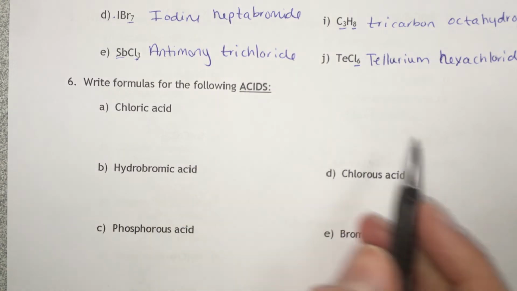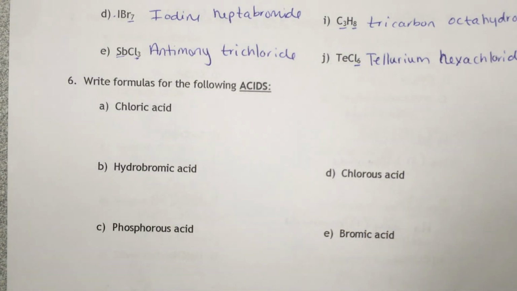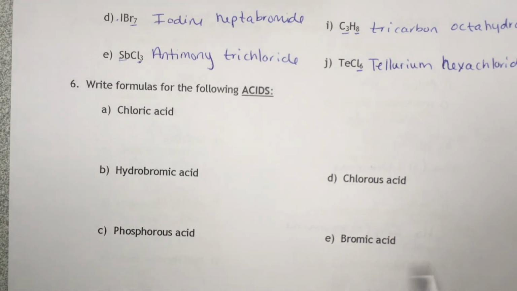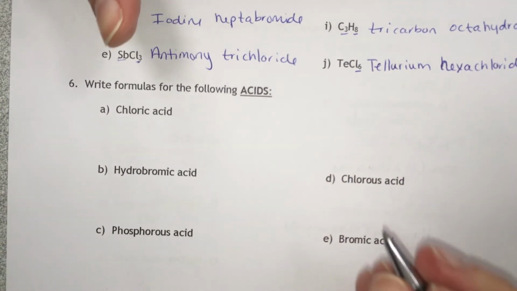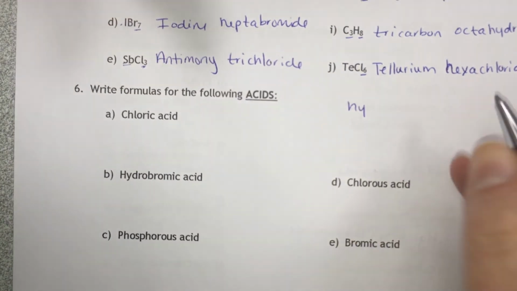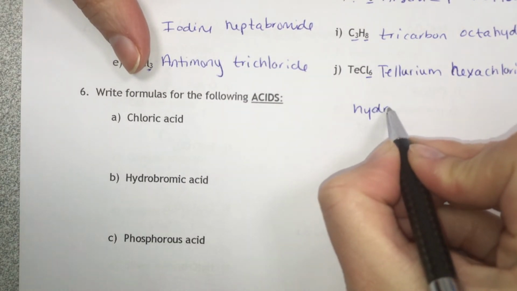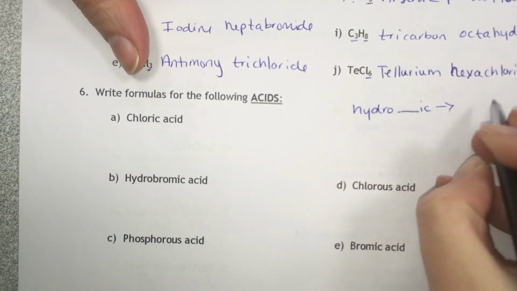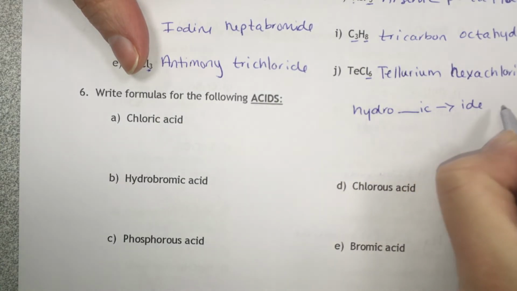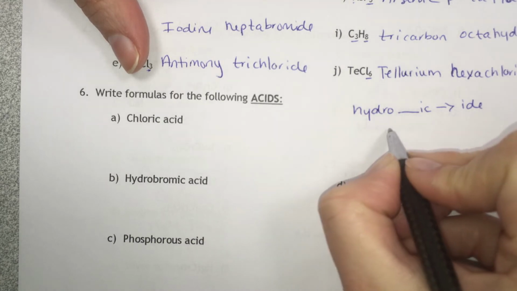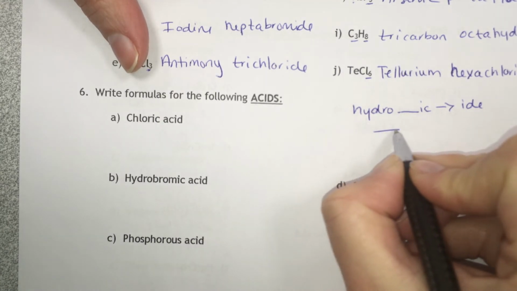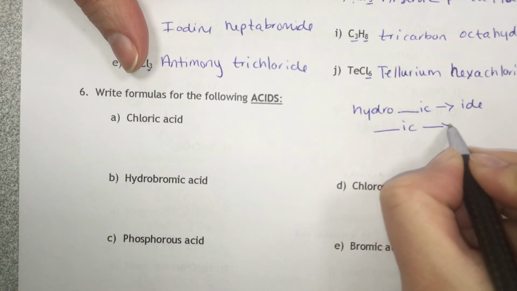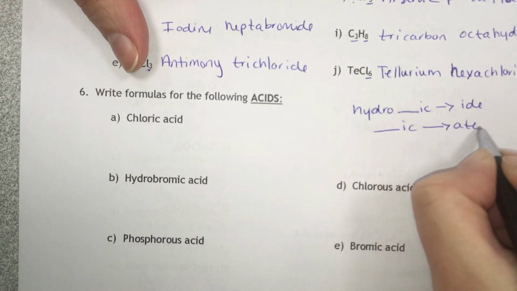Write formulas for the following acids. So this is the second most difficult in my opinion as far as when I'm grading. I noticed mistakes. So remember the rules for naming acids: hydro-ic, the original ending was "ide." If it is just something ic, the original ending was "ate."